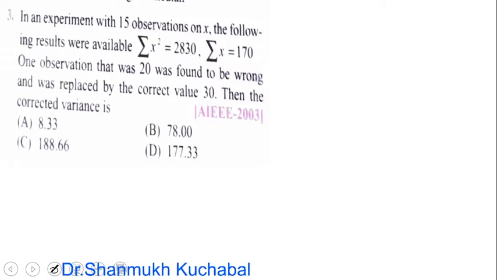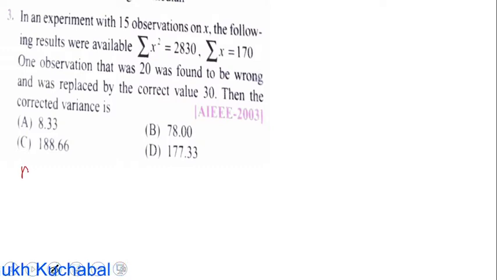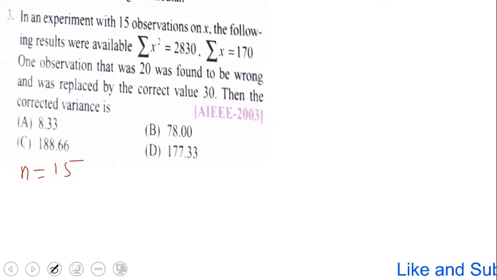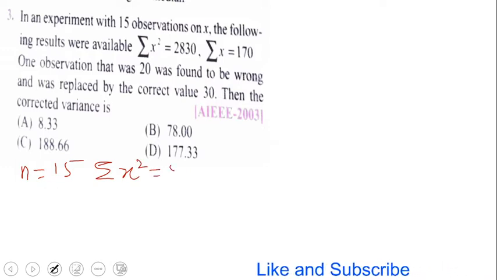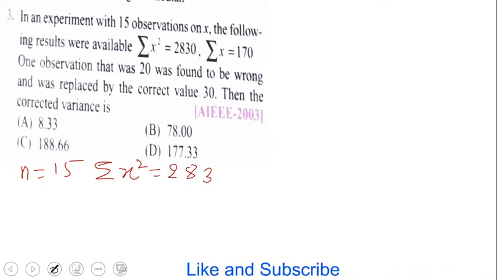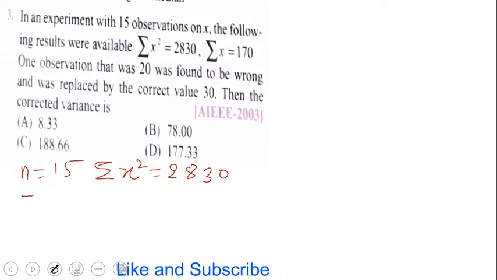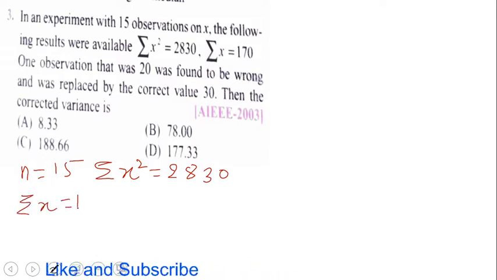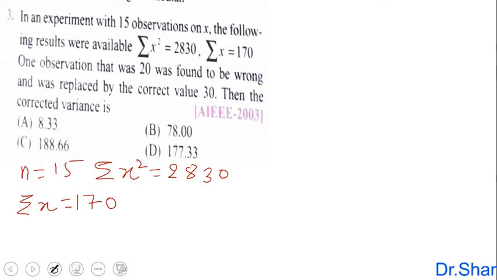The question is: in an experiment with 15 observations, so n is taken as 15, the following results were available. Summation of x square is 2830, and summation of x is 170. One observation that was 20 was found to be wrong and was replaced by the correct value 30.